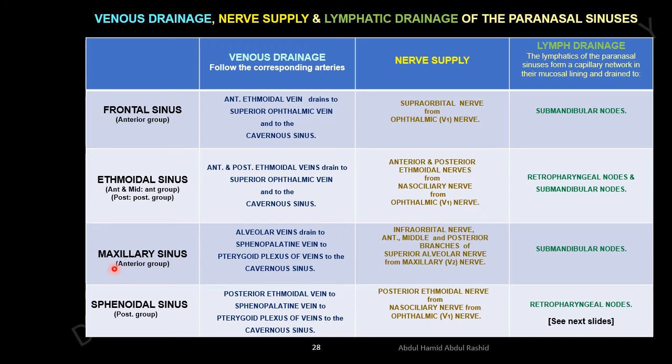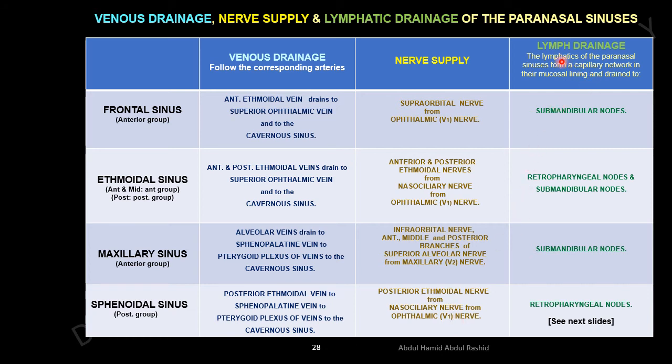Next is the maxillary sinus, which is supplied by the infraorbital nerve and the anterior, middle and posterior branches of the superior alveolar nerve from the maxillary, V2 nerve. Sphenoidal sinus. Nerve supply is the posterior ethmoidal nerve from the nasociliary nerve from the ophthalmic V1 nerve.